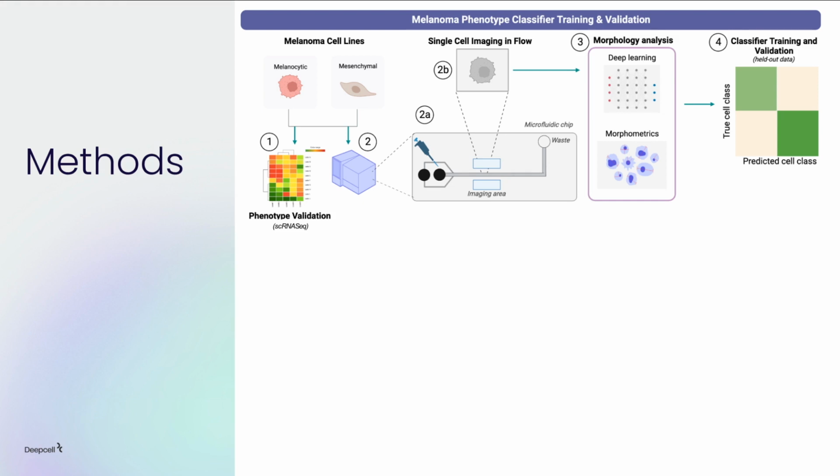We then introduced these cells into the system that is coupled to the imaging device. We then ran the classifier that was based on morphological features, deep learning features, as well as morphometric features. Based on this classifier, we then predicted the phenotypes of mesenchymal versus melanocytic cells and compared them with the ground truth.